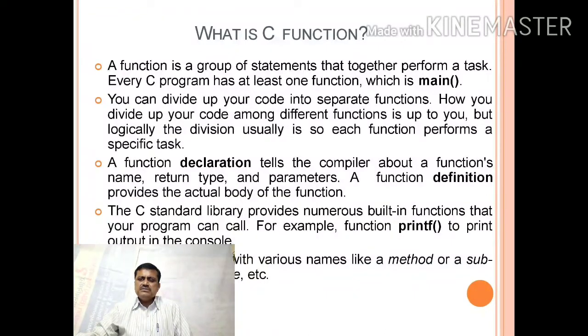You see students, last year itself we have already discussed every function returns something to the function name, a caller and the callee. When a function calls another function, that time that function returns something to the function which is called. A function definition provides the actual body of the function.